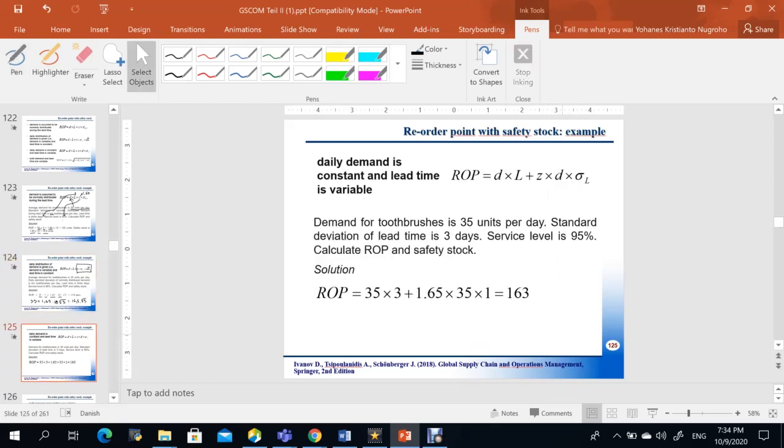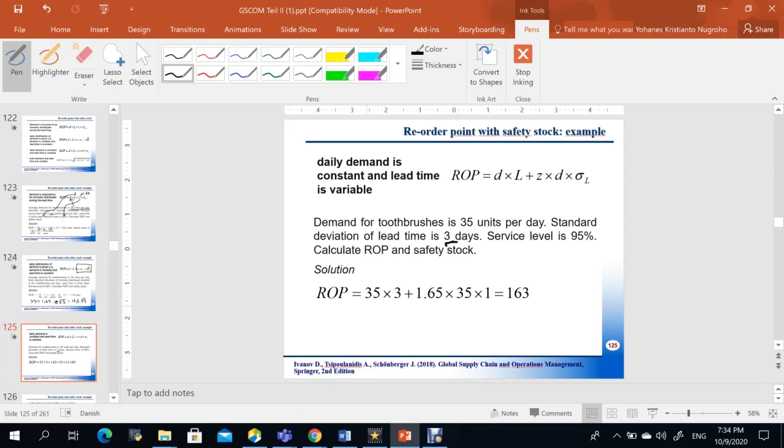What about the next formula, the third formula? Daily demand is constant and lead time is variable. And then we have a different formula: demand times lead time plus the service level Z times daily demand times the lead time standard deviation. We have here a new variable, that is the standard deviation of lead time, which is 3 days, right?